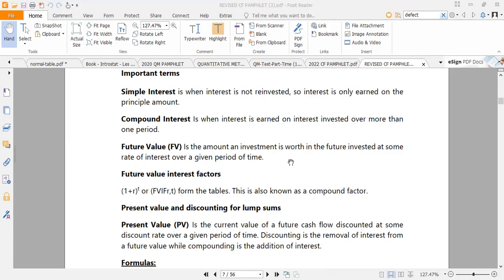So present value and future value simply denote the amount now is the present value. The amount tomorrow is the future value. So the present value is given by the formula 1 over (1 plus r) to the power n.